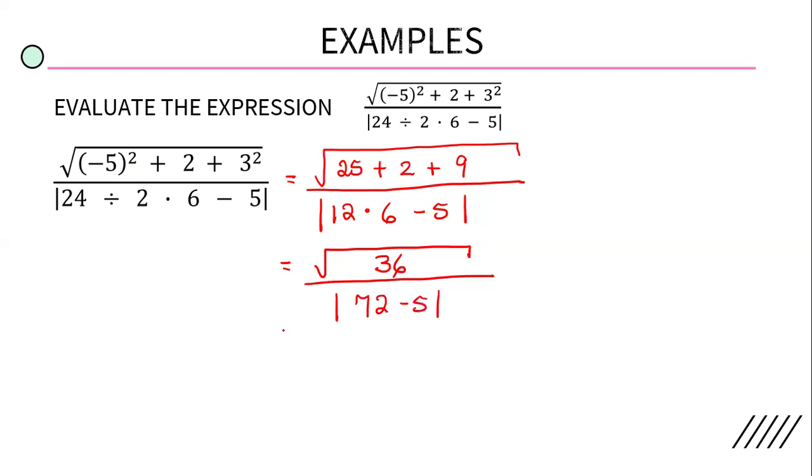Subtract 5. The square root of 36 is 6. 72 subtract 5 is equal to 67. So we have the absolute value of positive 67. This is equal to 6 over the absolute value of 67 is 67.